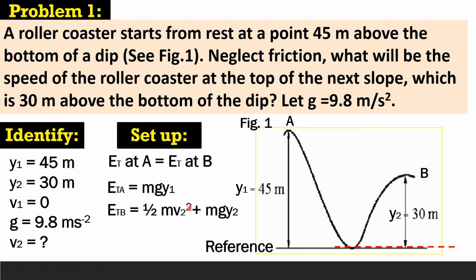If we add these two, that is the total mechanical energy that the roller coaster possesses when it reaches point B, and that is to be equated later to the initial mechanical energy of the roller coaster, which is mgy1.